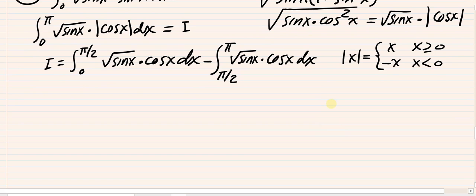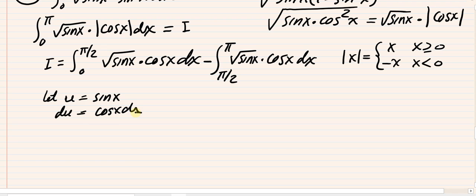Now we can proceed with our integration. We can use the substitution method. If I let u be sine x, then du, the derivative of sine, is cosine x dx.